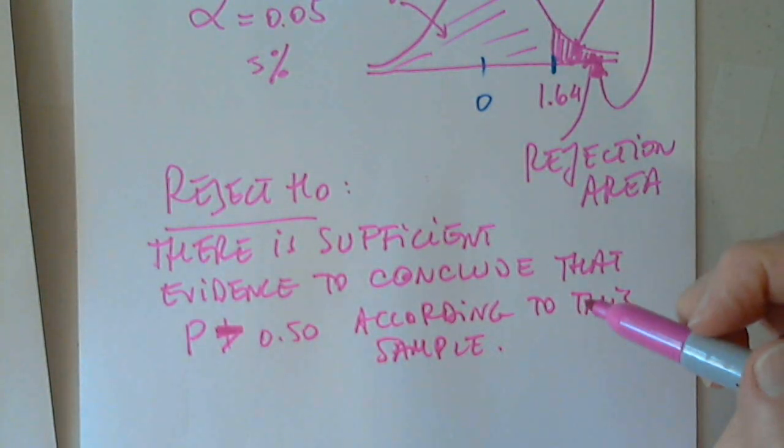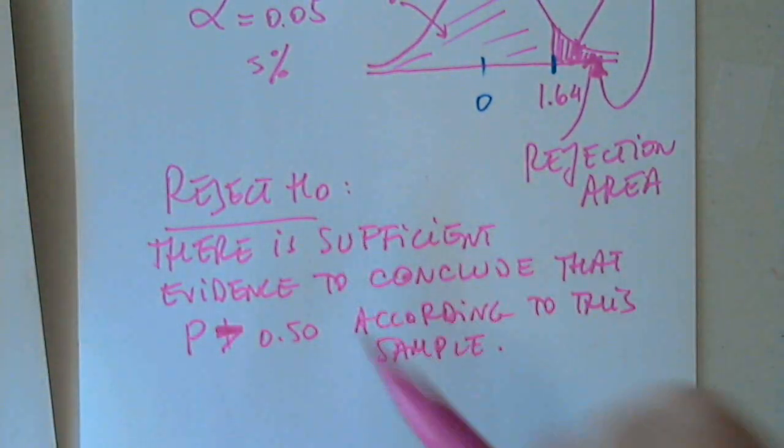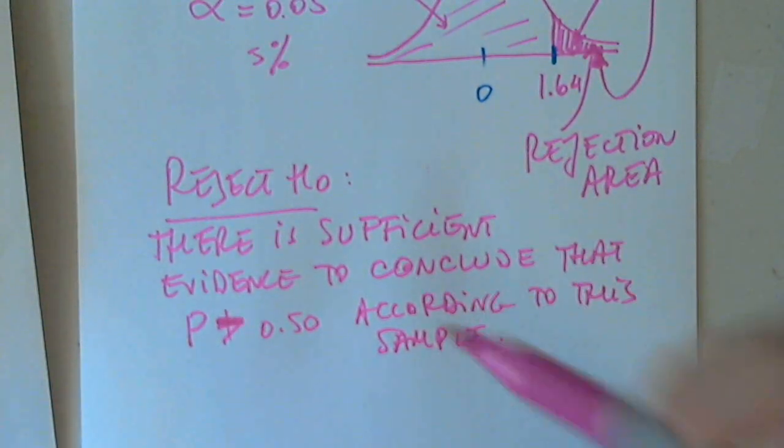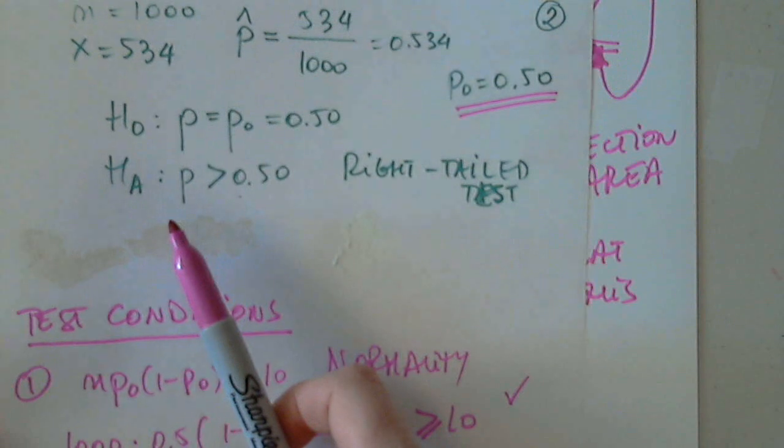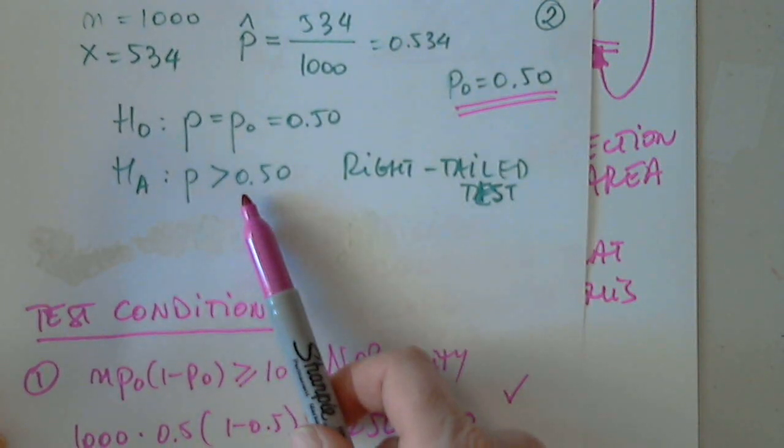There is sufficient evidence to reject the null hypothesis. There is sufficient evidence coming from the sample to conclude that the proportion has increased.